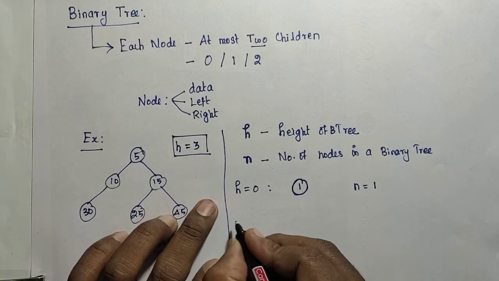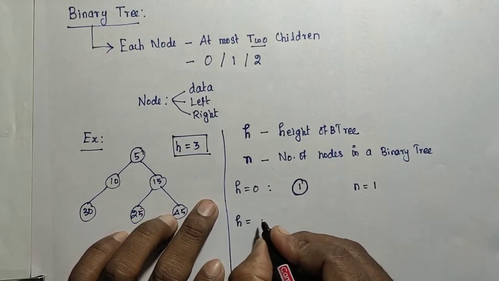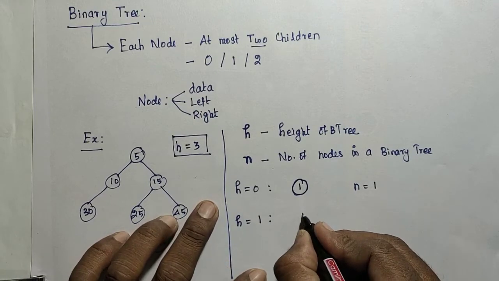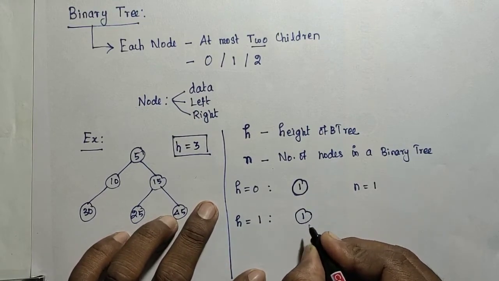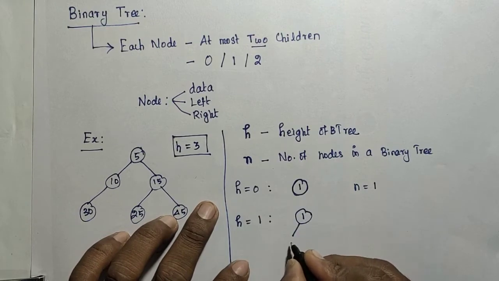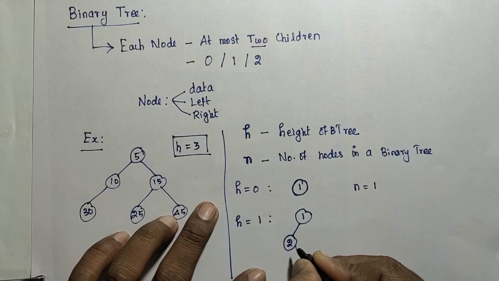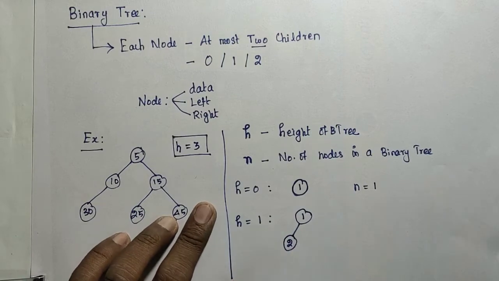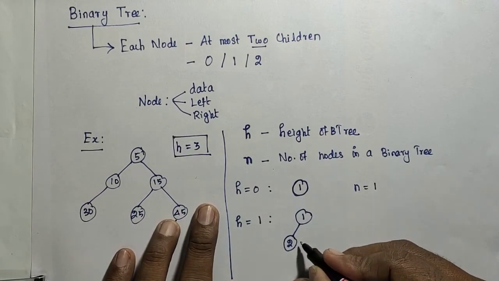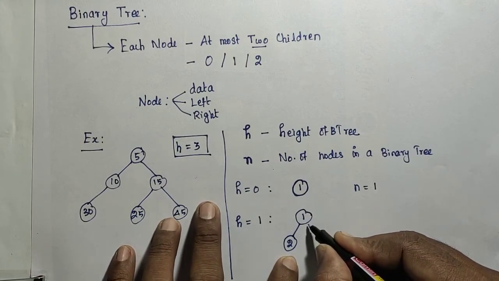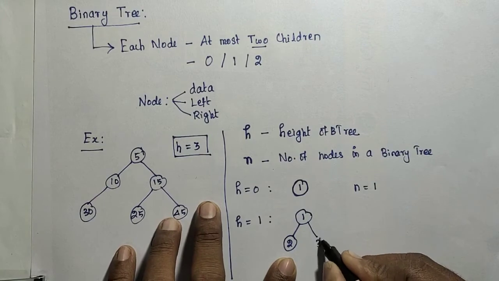And height equal to 1 means I can add one node in the root, first level. And then I can add a second node in the next level, so that the height will become 1. We can also add one more child for the root. So that is the 3.